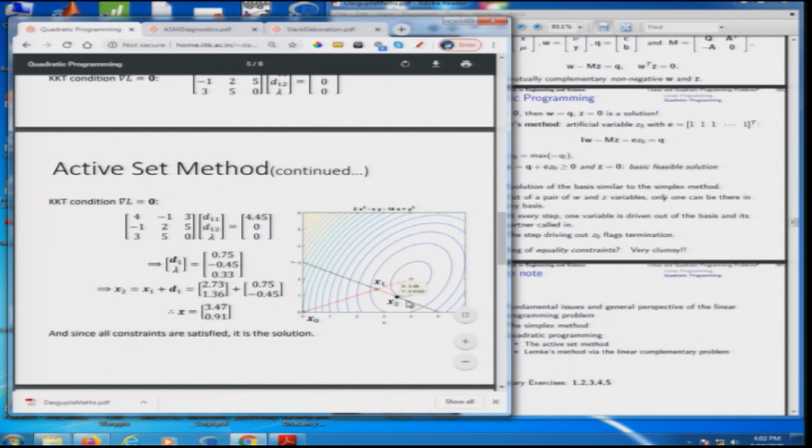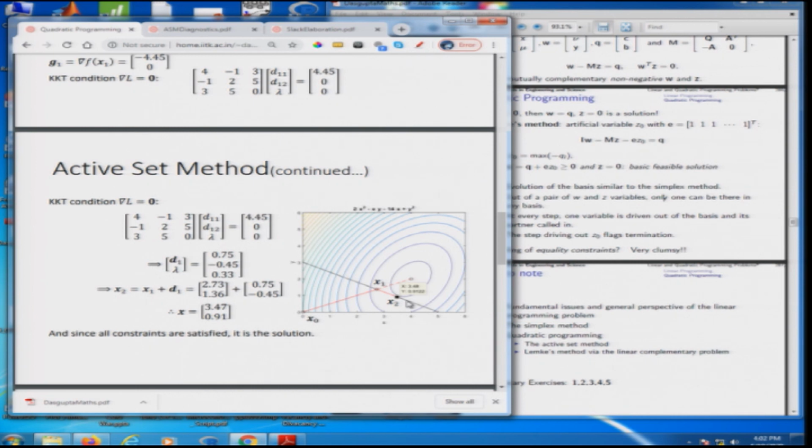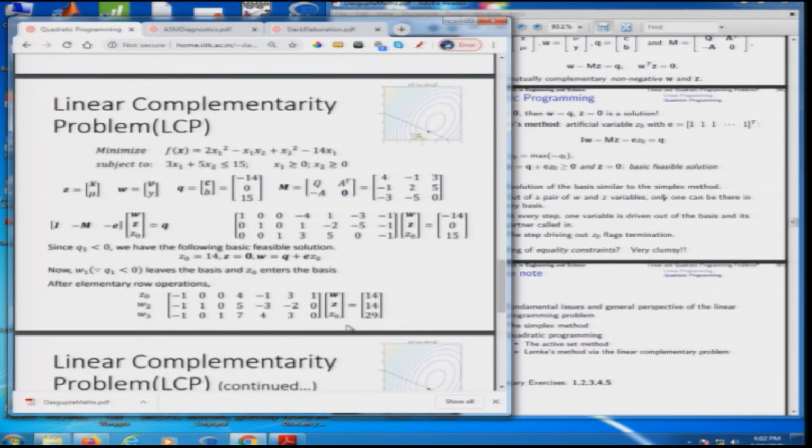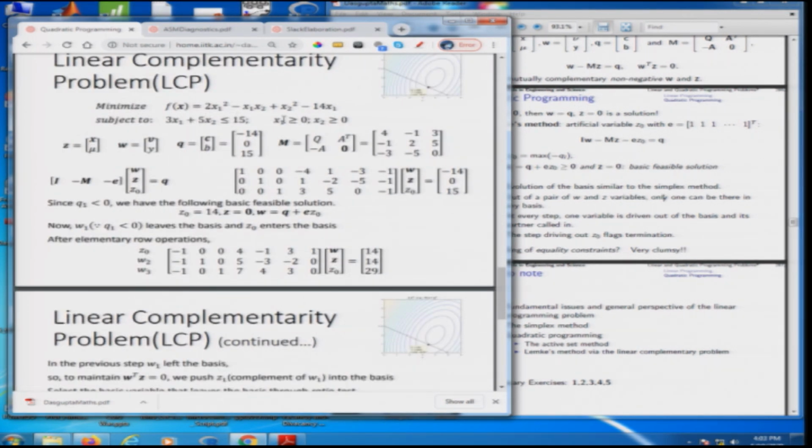Okay. Now, how do we do it by the other method, the slack variable strategy? There we, to begin with, put these constraints, which were incidentally not part of the original problem. Now, we put it and we do all these steps and get this big matrix, the 3 equations, and on this side you see Q, minus 14, 0, 15.